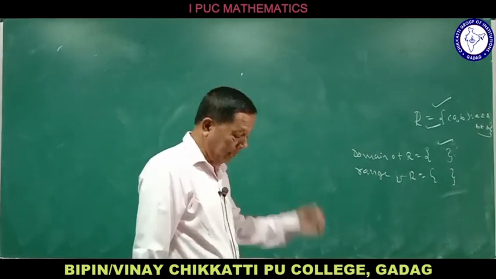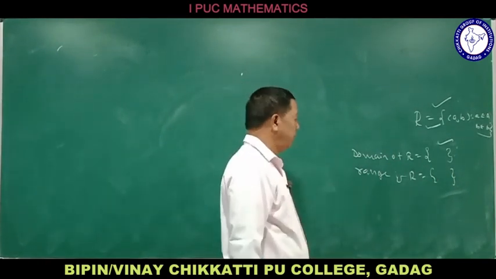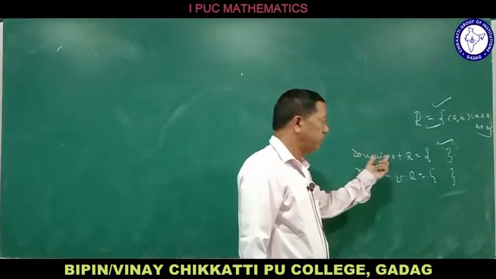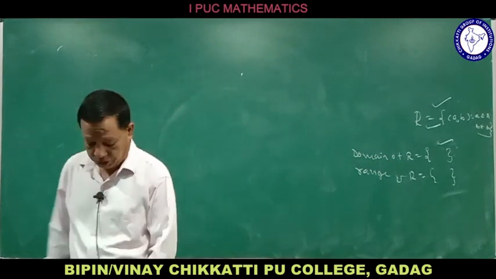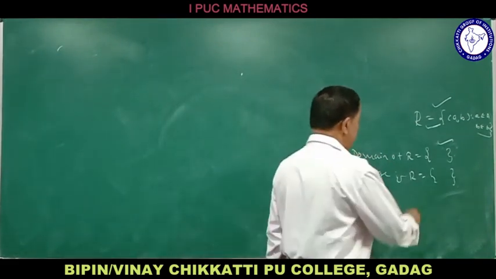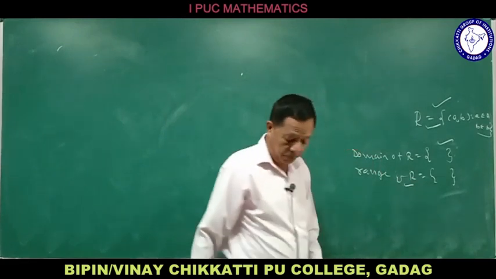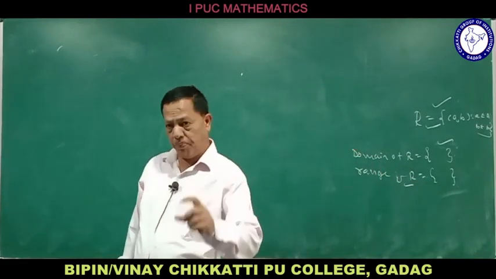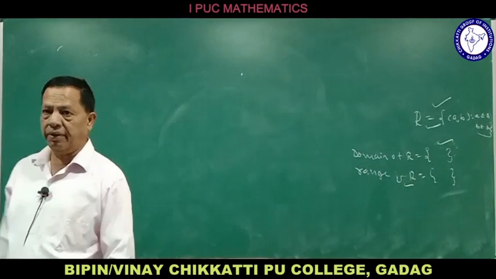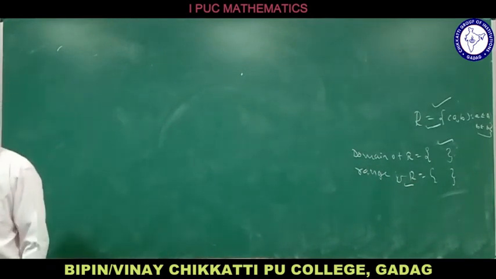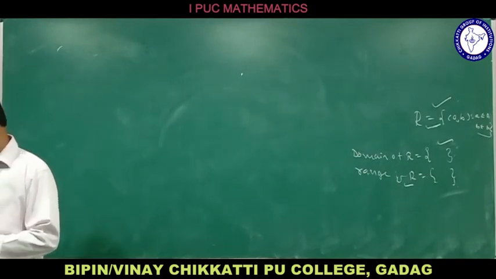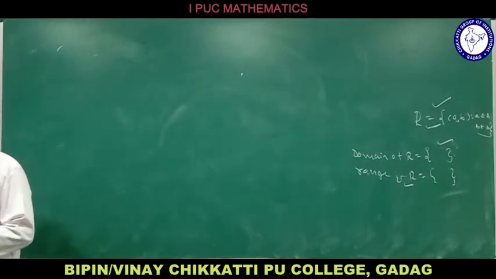When you are taking the relation from A to B, the set of all second elements is the range, and they are exactly the images of the first elements which you have already taken. The set of all second elements in the relation R from set A to set B is called the range of relation R.